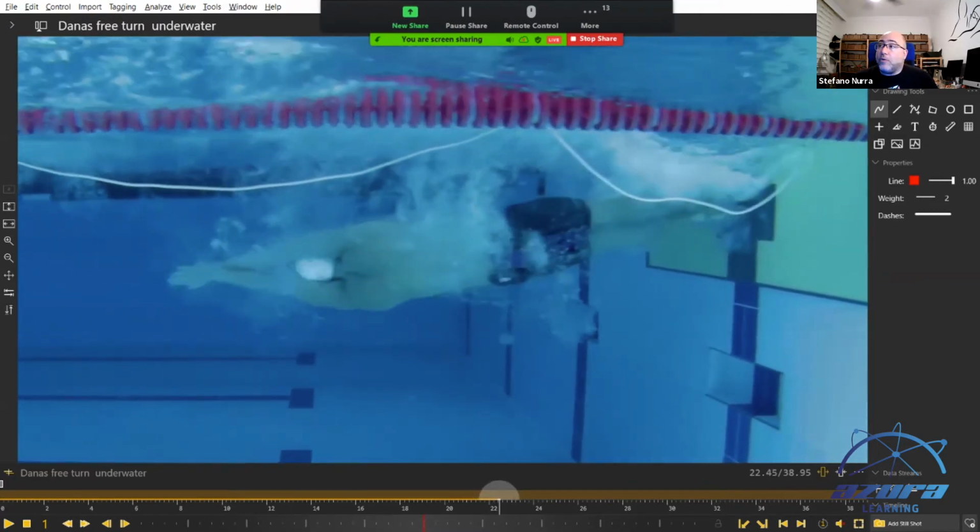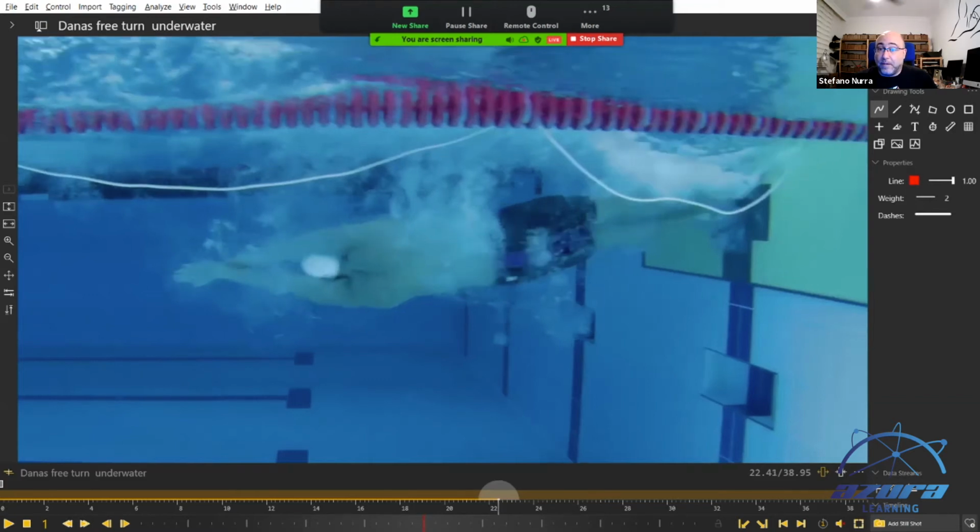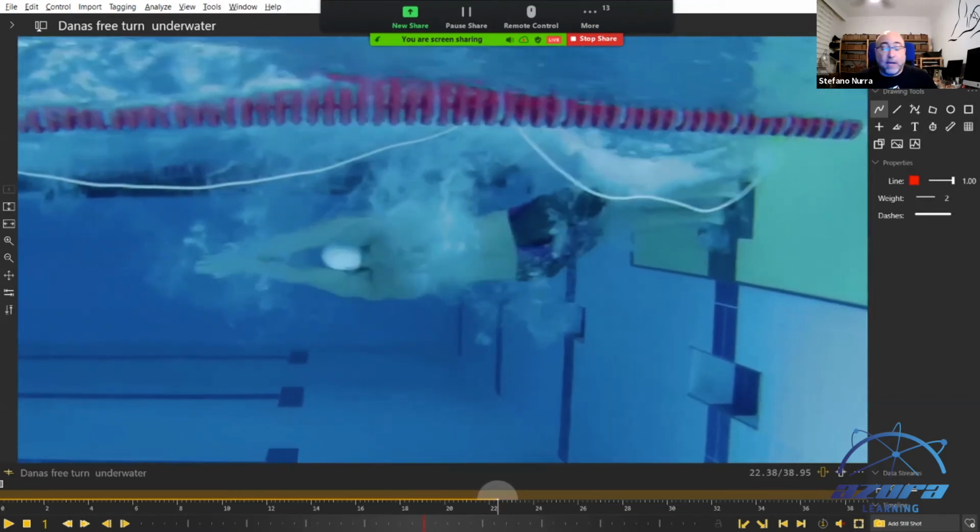Usually, a good push time is between 0.28 and 0.35 hundredths of a second, sorry, 0.28 to 0.35 seconds.